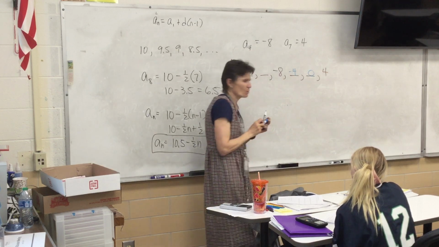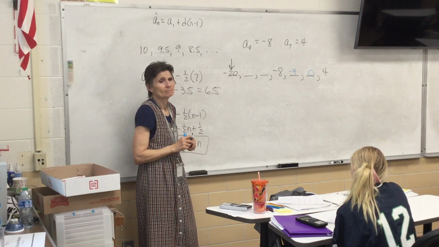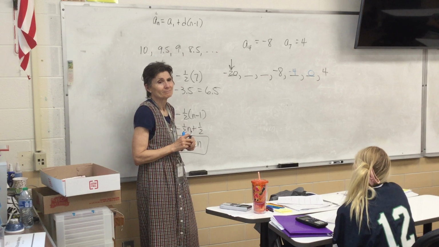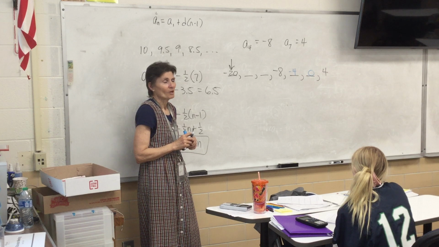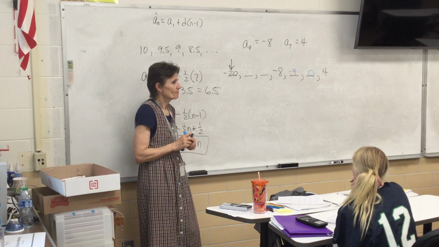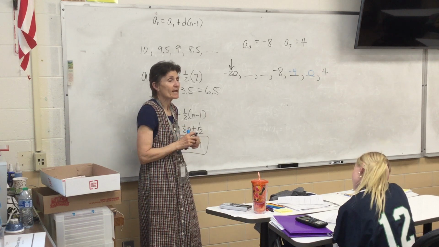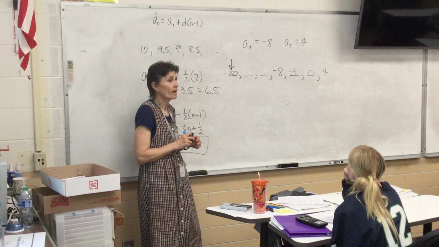Now, Ollie, how did you know that? Because you just have to do the arithmetic way, doing the same thing over and over. Okay, Ollie's just thinking, right? He's not using any formulas. He's not using anything except his own common sense.